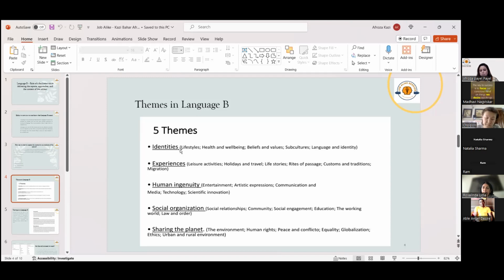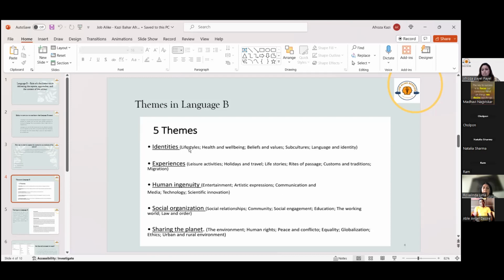In PYP, we divide them into the six transdisciplinary themes. In MYP, we design inquiry-based learning according to their phases, phase one, two, three, four, five. And in DP, of course, based on our total syllabus, we do teach them.